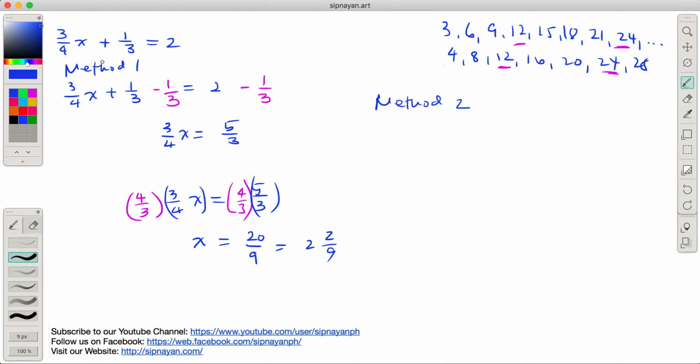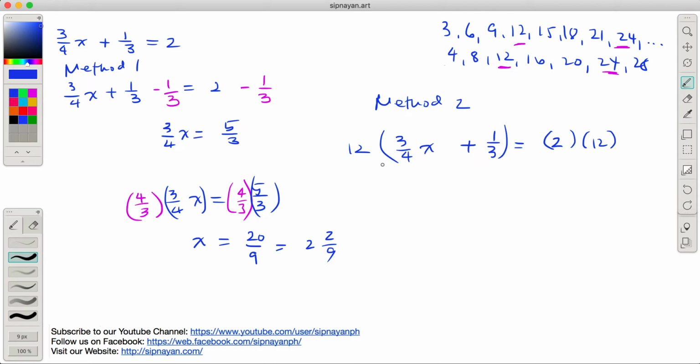No fraction. So, 3/4 x plus 1/3 equals 2. Ayaw natin na magkaroon tayo ng fraction. So, gagawin natin, multiply na lang natin by 12, yung LCM kanina. So, multiply both sides by 12. Actually, mag-multiply tayo ng fraction, pero at least di tayo mag-add or magma-minus.